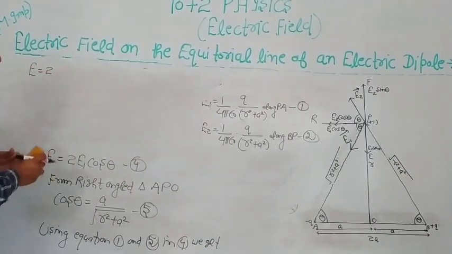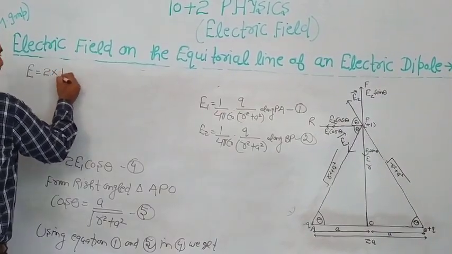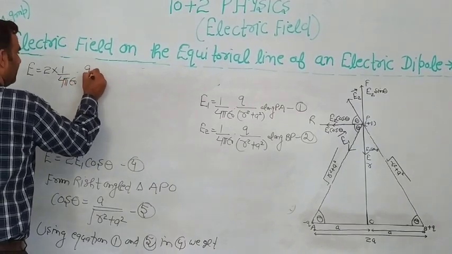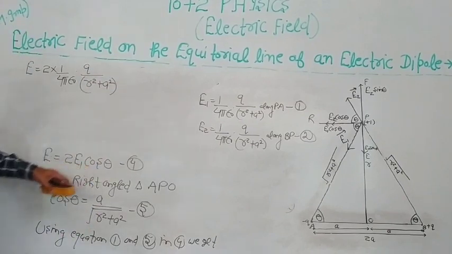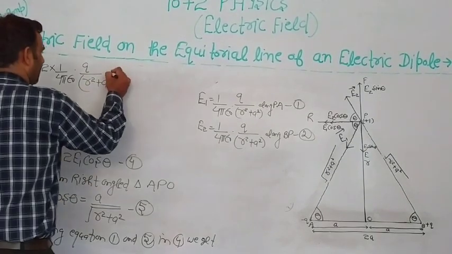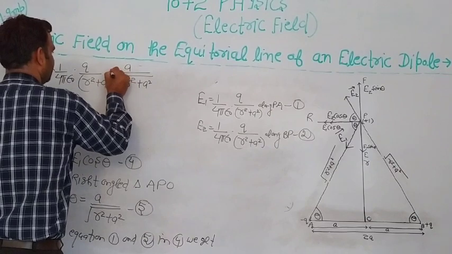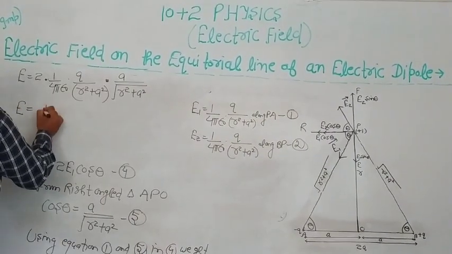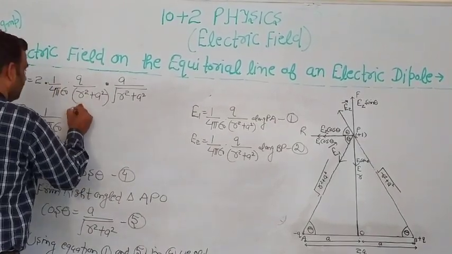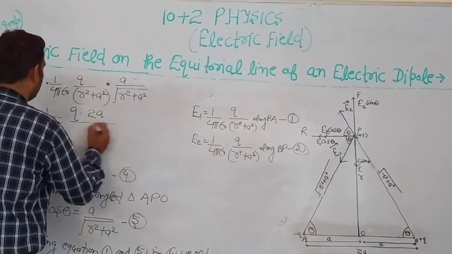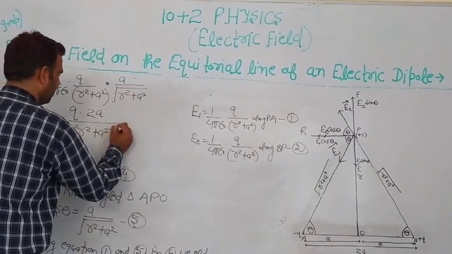The value of E1 is 1 upon 4 pi epsilon naught q upon r square plus a square, and the value of cos theta from equation 5 is a upon root r square plus a square. Simply, E is equal to 1 upon 4 pi epsilon naught q into 2a upon r square plus a square raised to power 3 by 2.